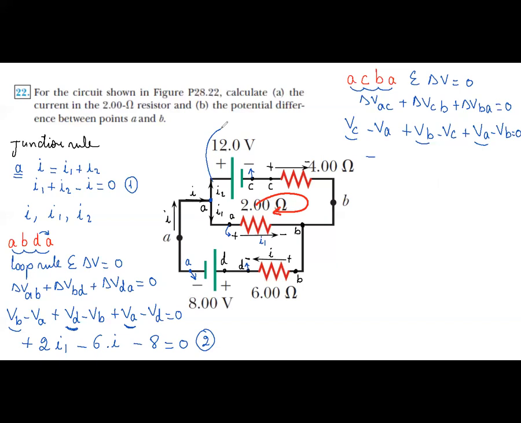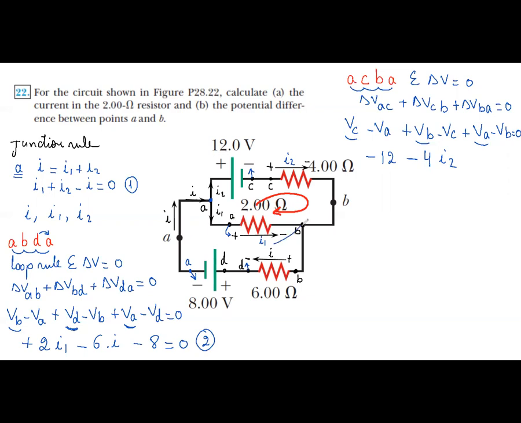The voltage here equals 12. Then VB minus VC. B is at the negative side, so we have minus the voltage at this resistance, which equals R times I. Here we have I2. Then VA minus VB.